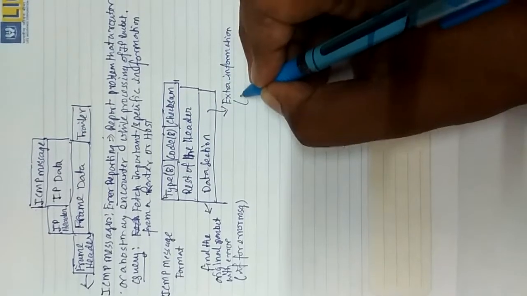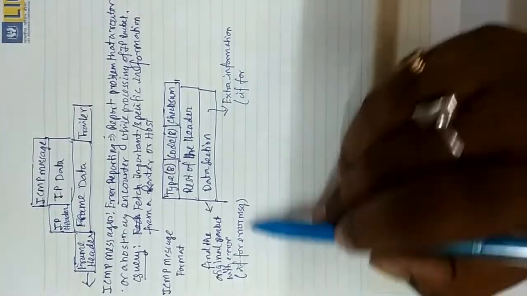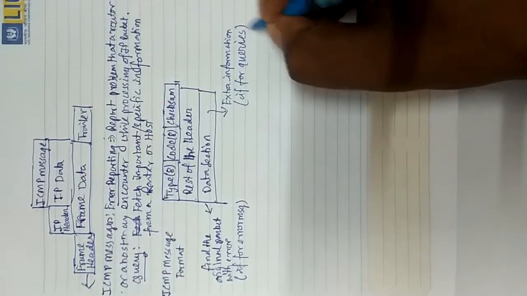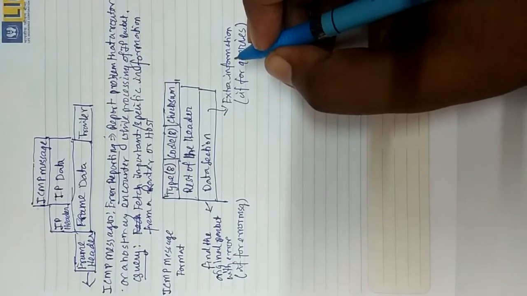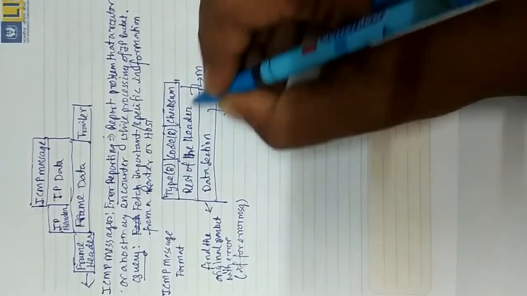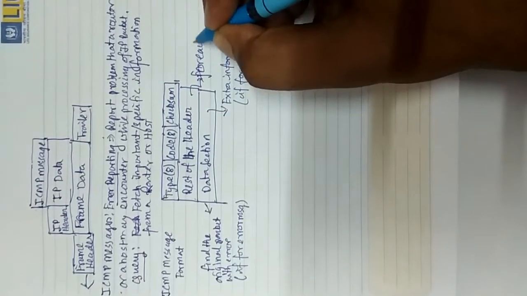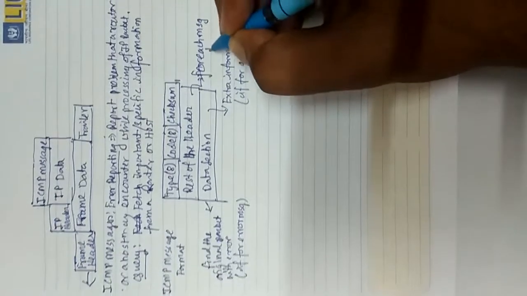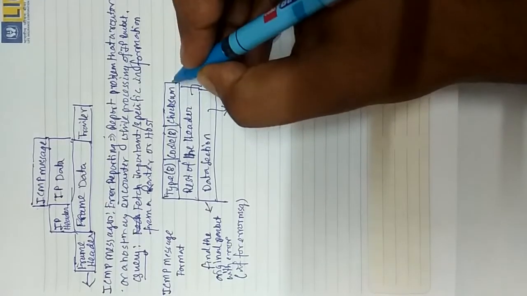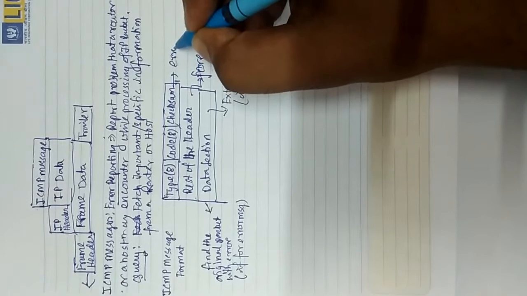The rest of the header is for each message type, and this checksum is for error checking.